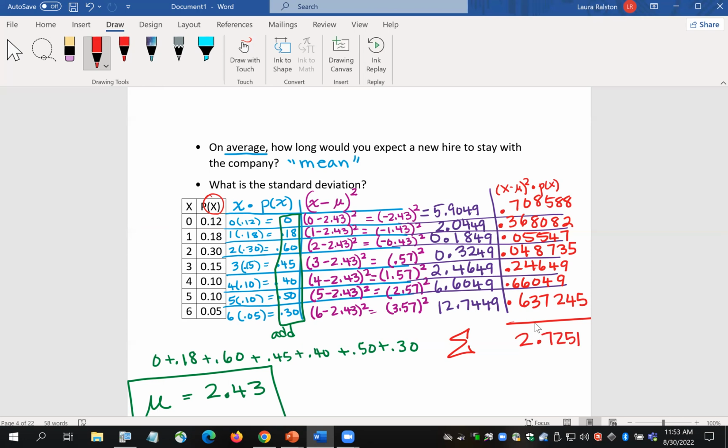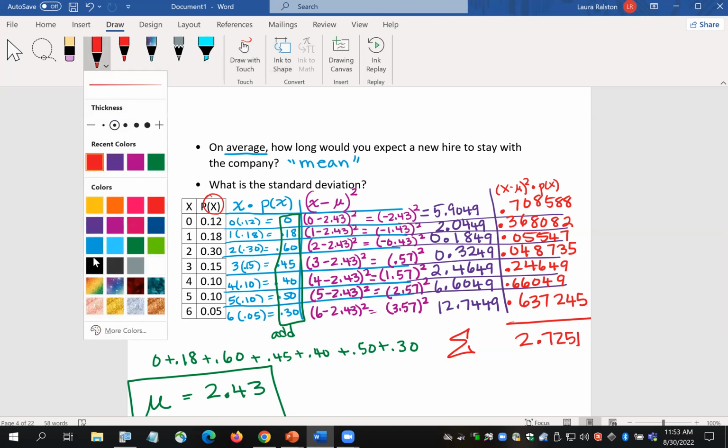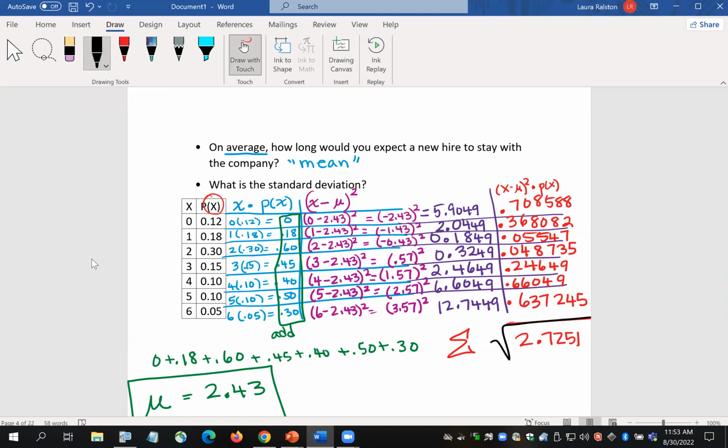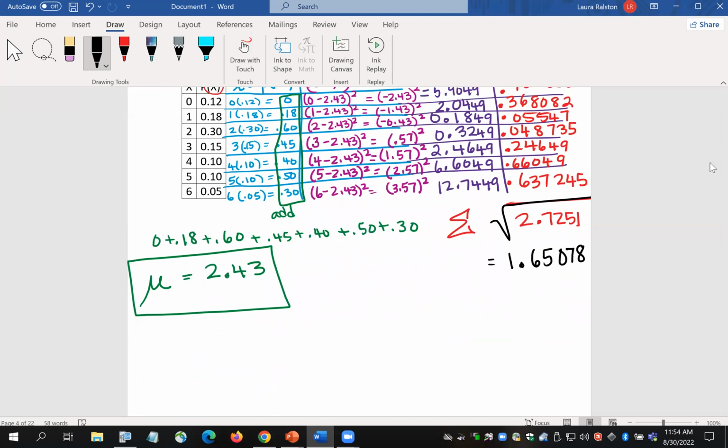Anybody disagree? And finally, the last step is to take the square root of that answer. The square root of 2.7251 is 1.650078. We usually will round to 2 places, so our standard deviation is 1.65.